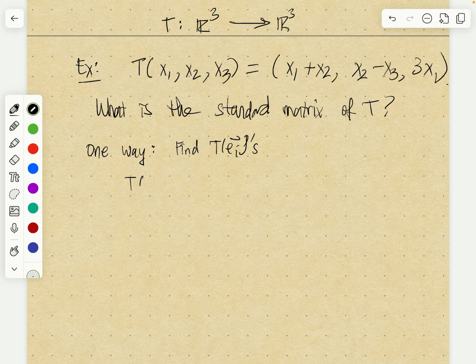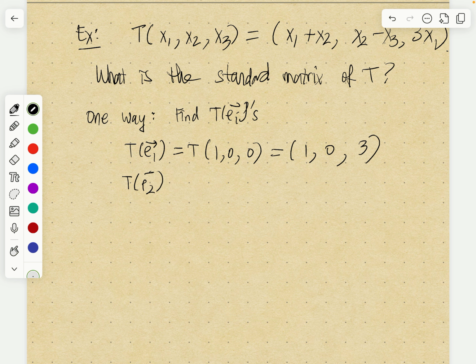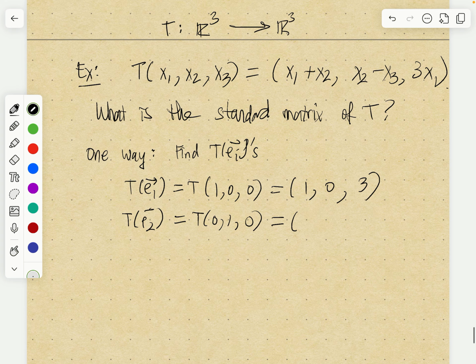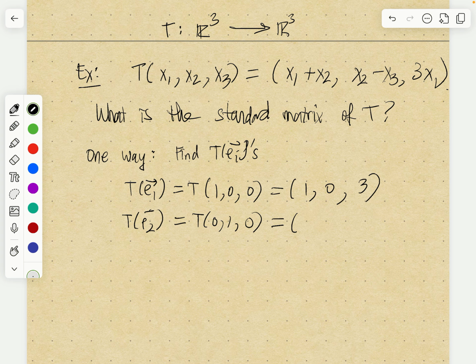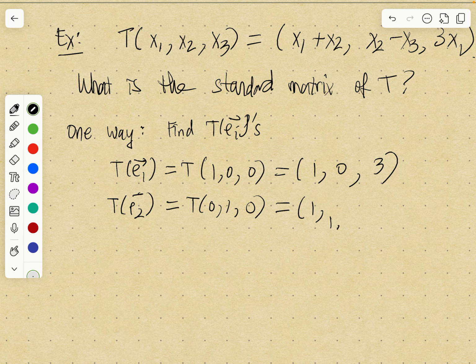So let's calculate T of e1. That's T of 1, 0, 0, and you just plug that in: 1 plus 0 is 1, 0 minus 0 is 0, 3 times 1 is 3. Now let's plug in T of e2, that's T of 0, 1, 0, that's going to give me 1, 1, 0.